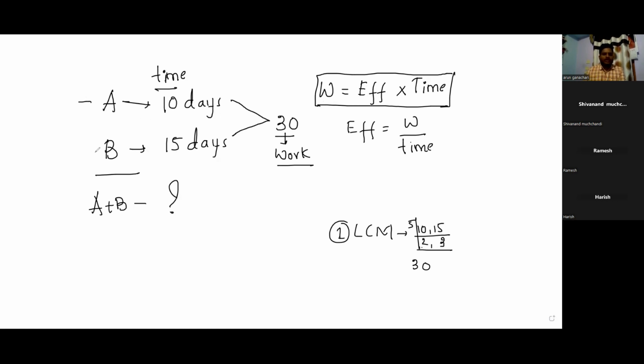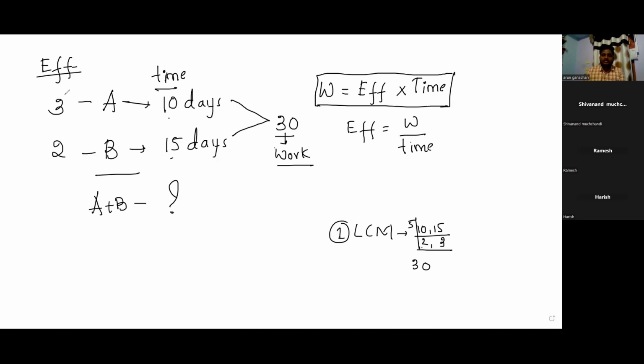So if I wanted to write efficiency here, I'll write it as 30 by 10. What is 30 by 10? 30 by 10 is 3. That is A's efficiency. 30 by 15 will be 2. What are 3 and 2 here?